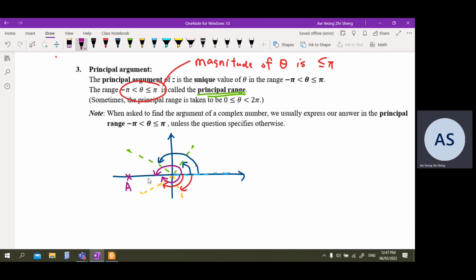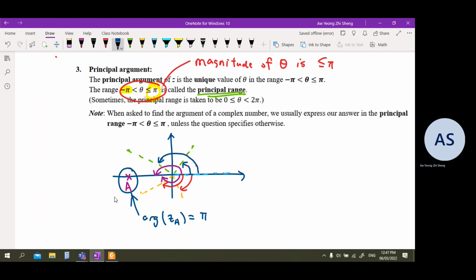There will be two possible answers, but look at the principal range carefully. It doesn't include negative pi, but it includes pi. So the principal argument of this complex number whose point representation is A would be just pi. We won't take minus pi. Pi will be the answer in the principal range.